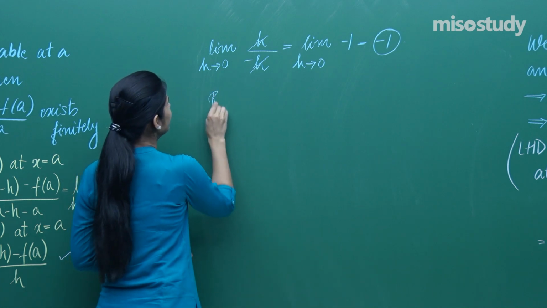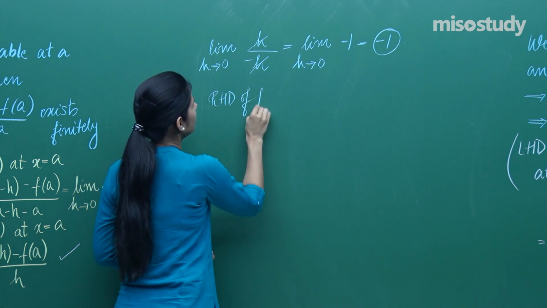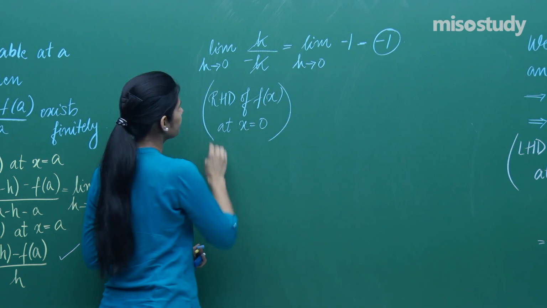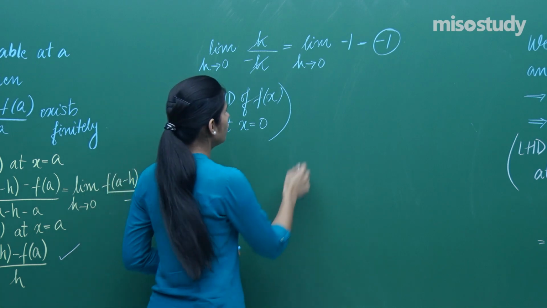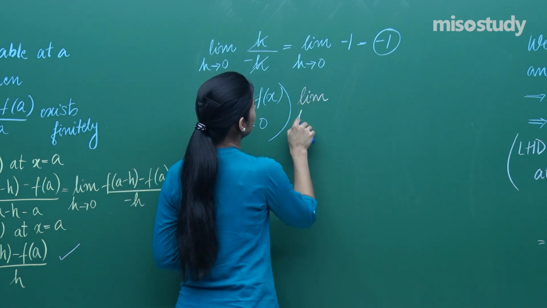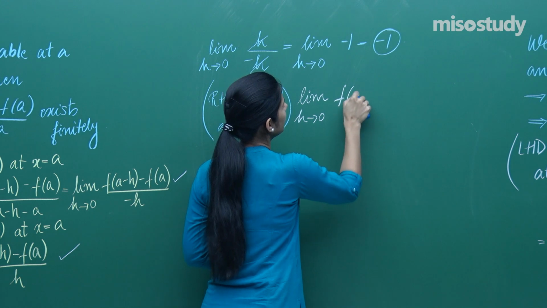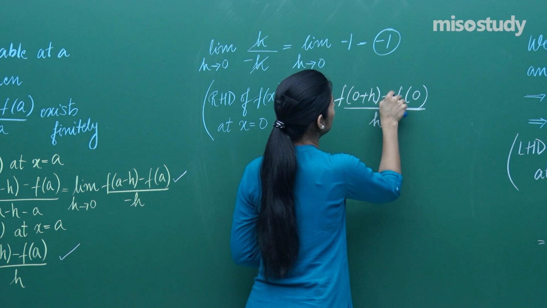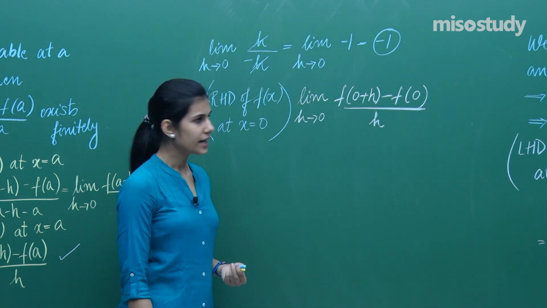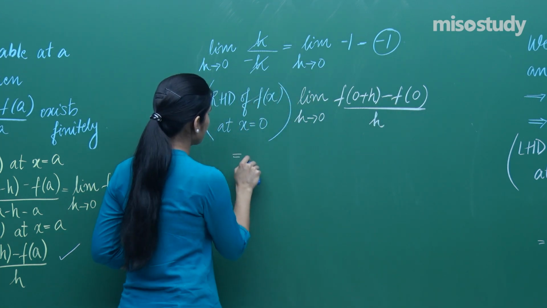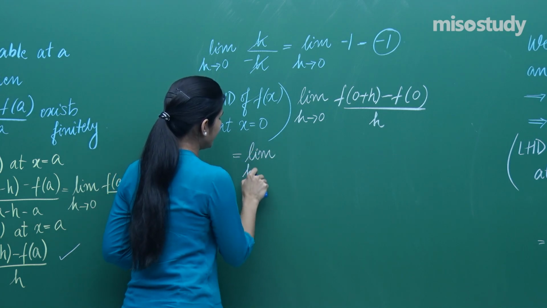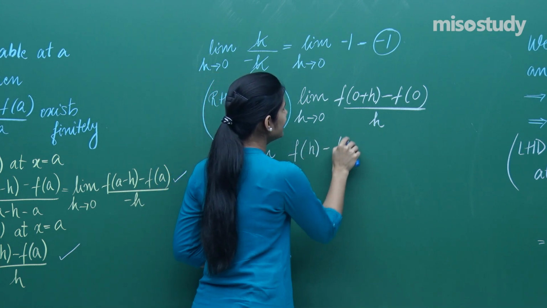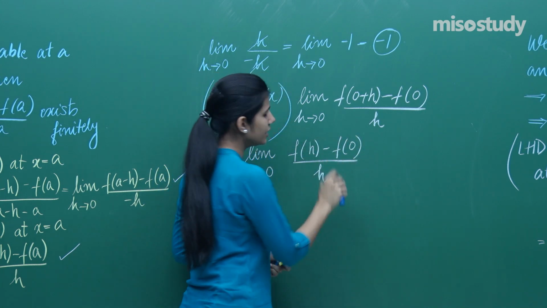Let's focus on the right hand derivative of f at 0. What will this be? Limit h tends to 0, f of 0 plus h minus f of 0 whole upon h. f of 0 plus h gives you f of h, minus f of 0, whole upon h.